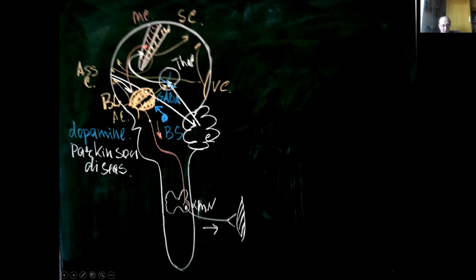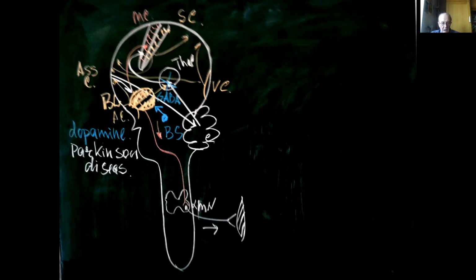At the same time, this voluntary regulation depends on the activity of the basal ganglia. The basal ganglia receive the information from the associative cortex as well, like the cerebellum.